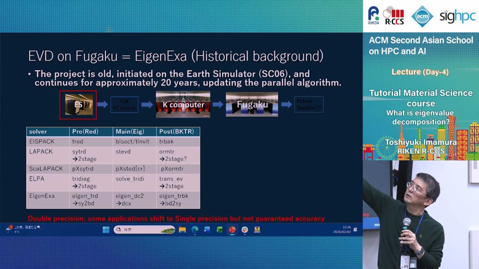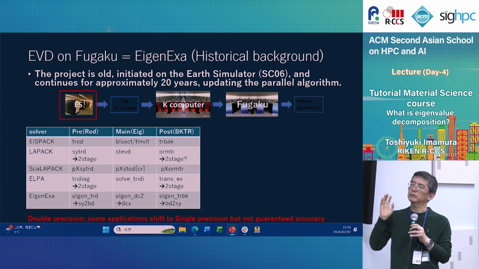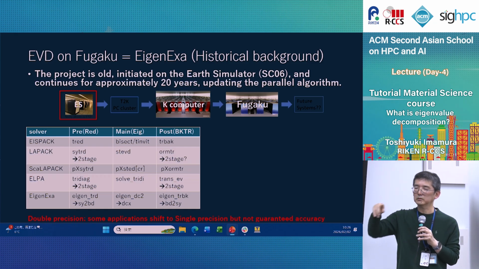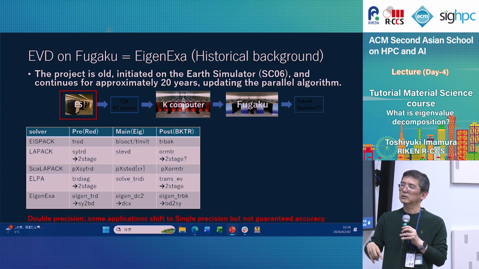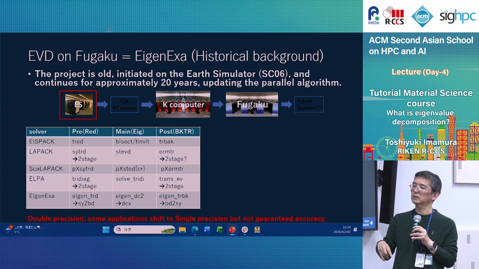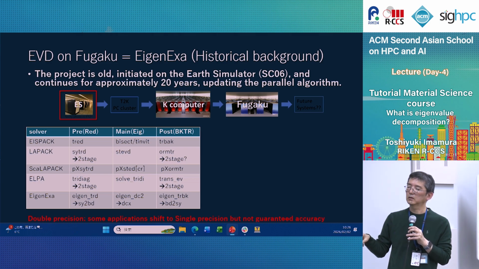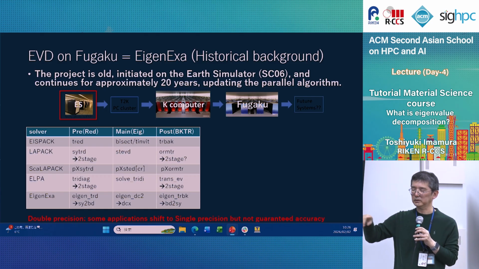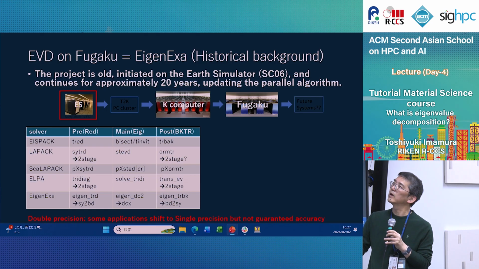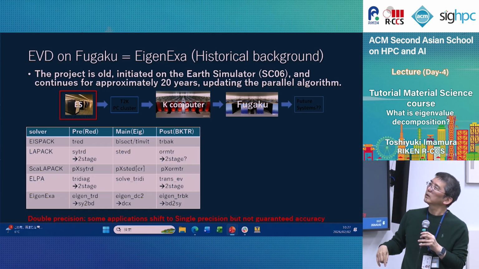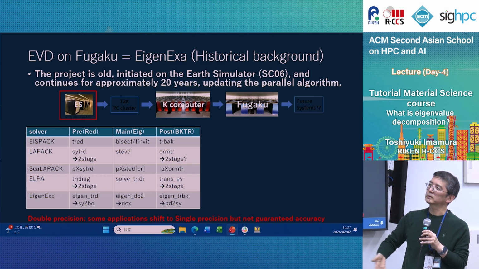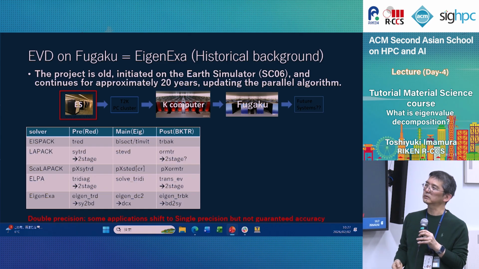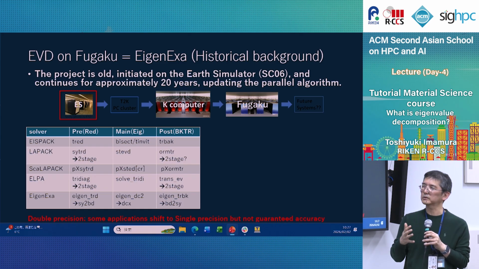But Fugaku and K are very homogeneous, CPU only, with almost 150,000 CPU cores interconnected into a single system. This is a very huge system, so of course we need to introduce very specific, highly optimized mathematical software if we want to solve a very huge eigenproblem.